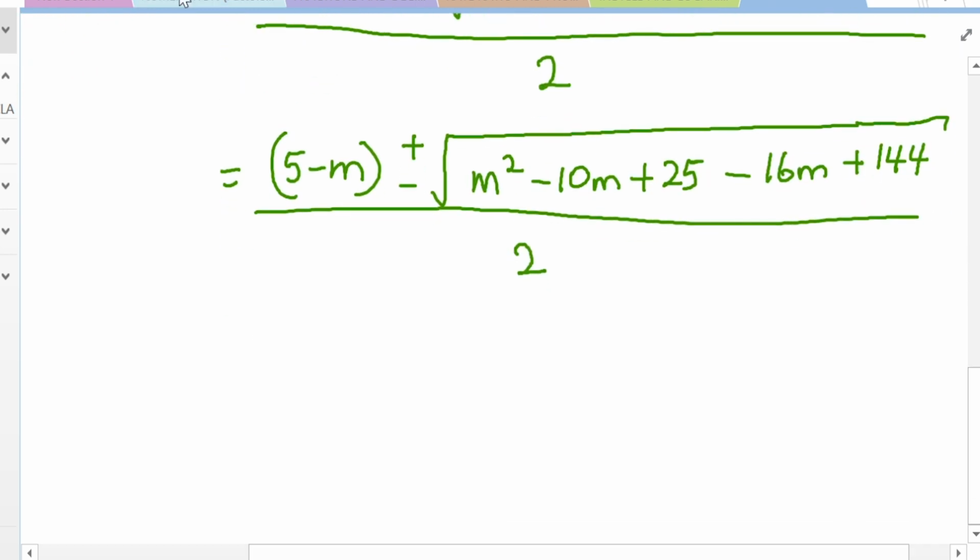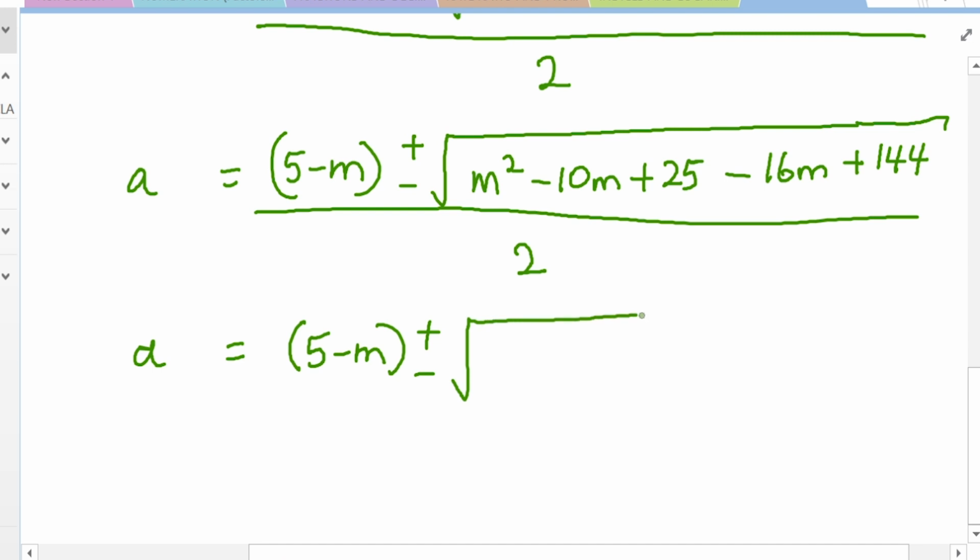From here, proceed. Remember, we're trying to find the value of a. So this is going to become 5 minus m plus or minus the square root. Let's collect like terms here. We have m squared. Then we have negative 10m minus 16m, which gives us minus 26m. Then 25 plus 144 gives us plus 169.